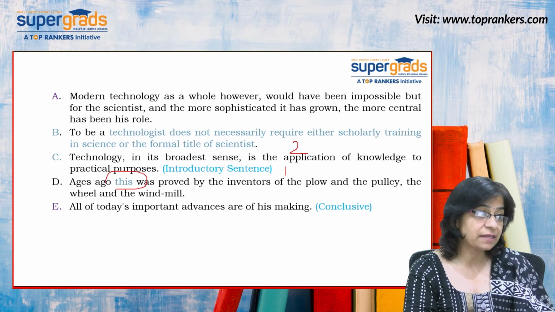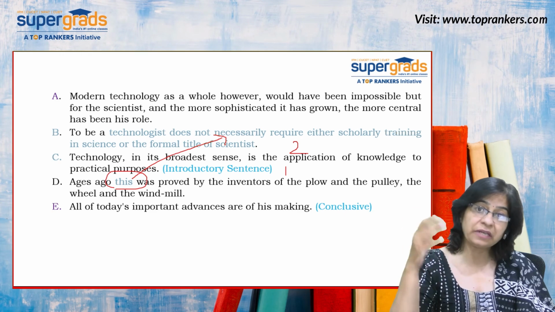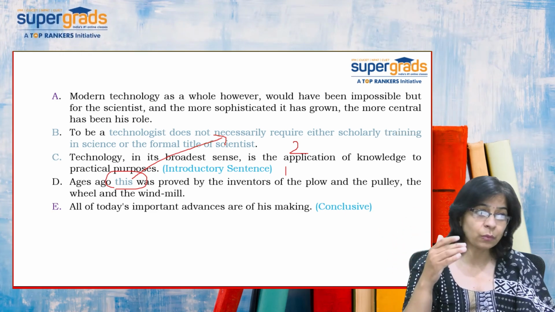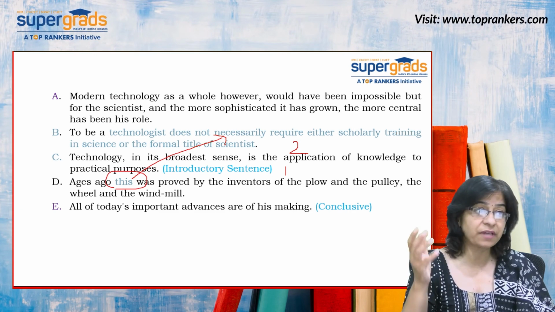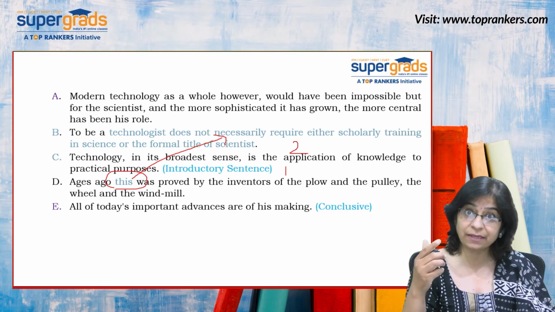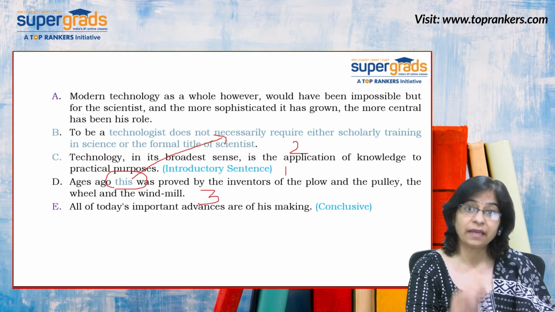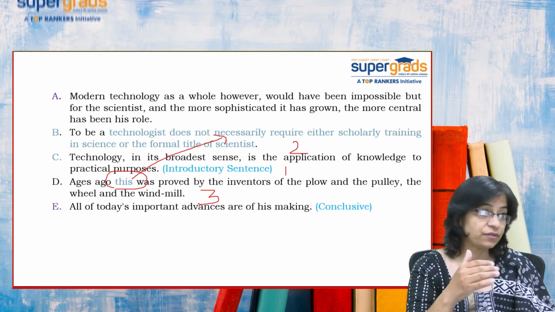Now, this refers to the idea that to be a technologist, you really don't need scholarly training. So ages ago, when they invented plow, pulley, wheel, and windmill, they did not have a scholarly training, but still they went ahead and did it. So this is further elaborating sentence number two. So this becomes your sentence number three.